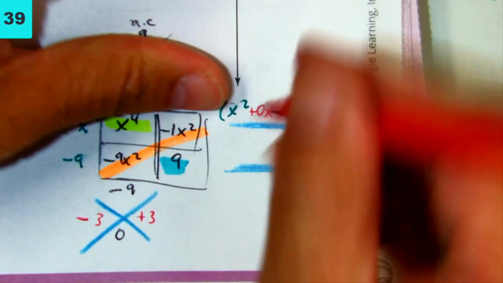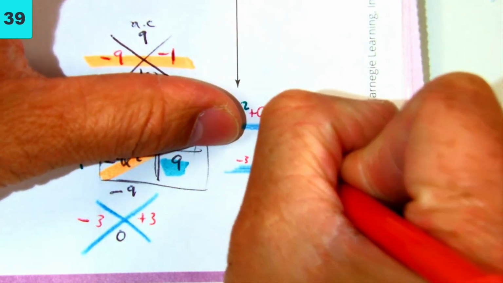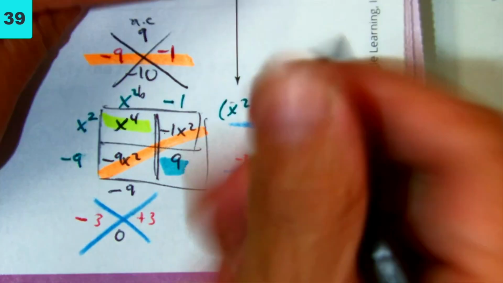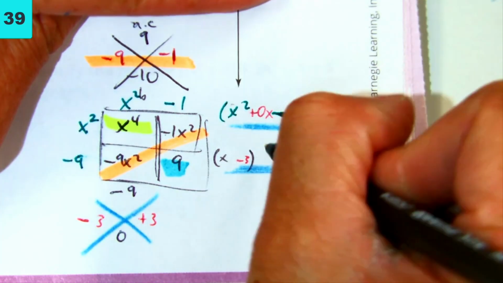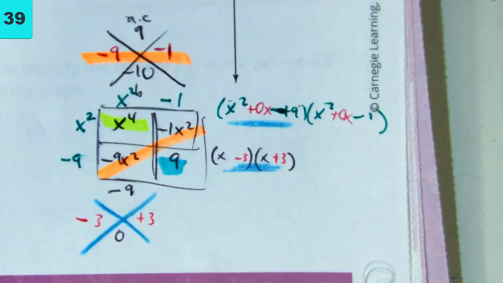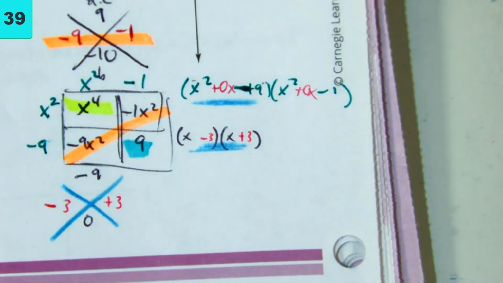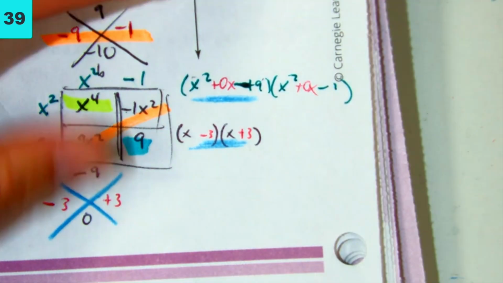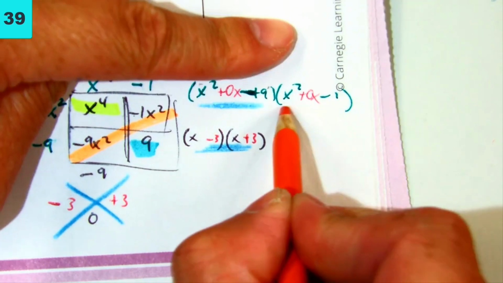So let's write that over here. So I have x minus a negative 3 and x plus 3. Let me do the same thing for the orange.